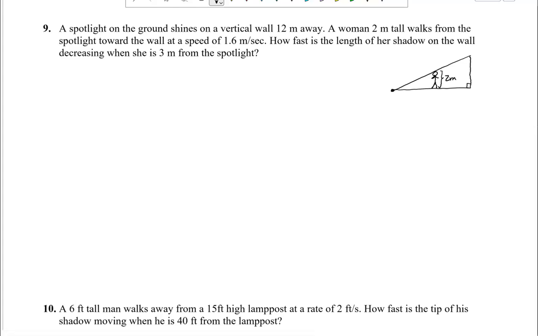In the question, we see that the spotlight is 12 meters away from the wall. So this distance all the way across here is 12 meters. And also in the question, we see that the woman is walking from the spotlight toward the wall at a speed of 1.6 meters per second. So we're going to make this distance here x, and we'll make the height of the shadow y.